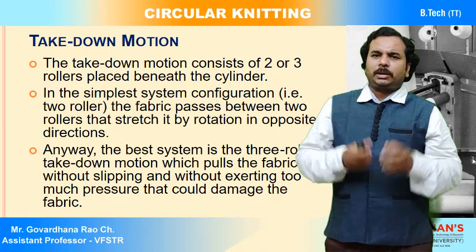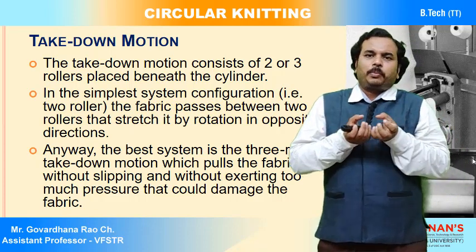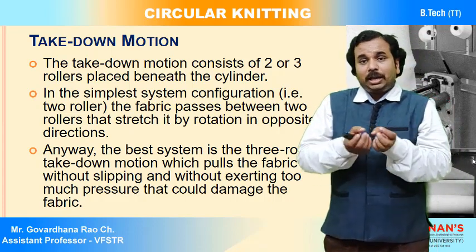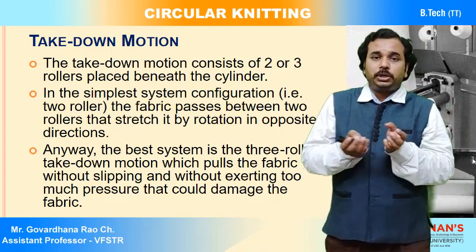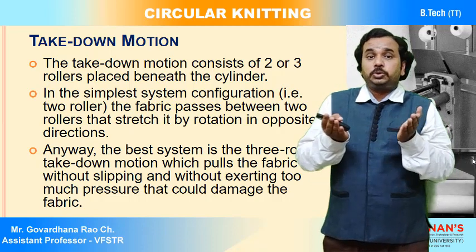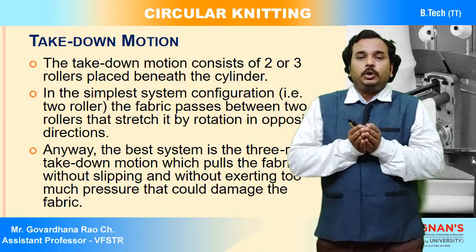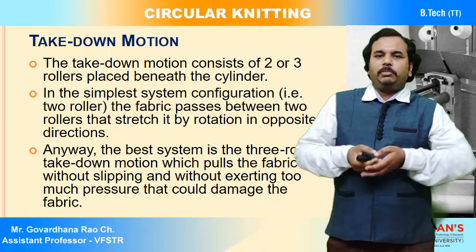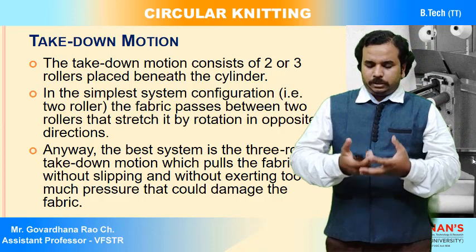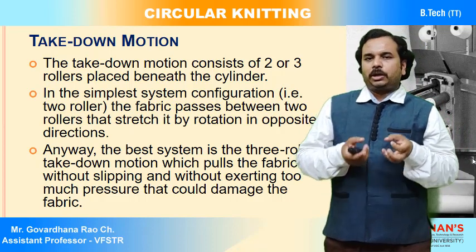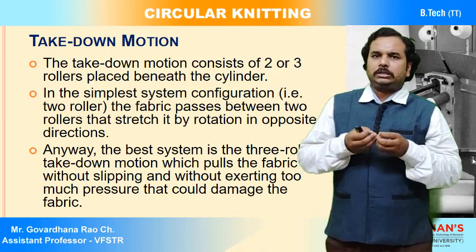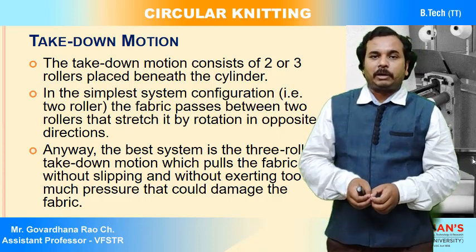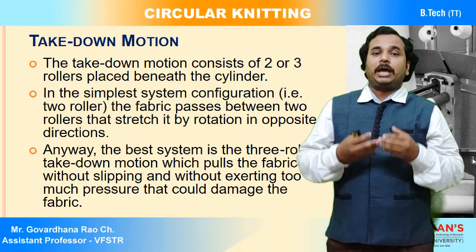In the two roller system, to get proper grip, we increase the pressure between the rollers, and the grip becomes more. But sometimes, because of the roller surface, the rollers slip above the fabric surface, so the fabric may become damaged.